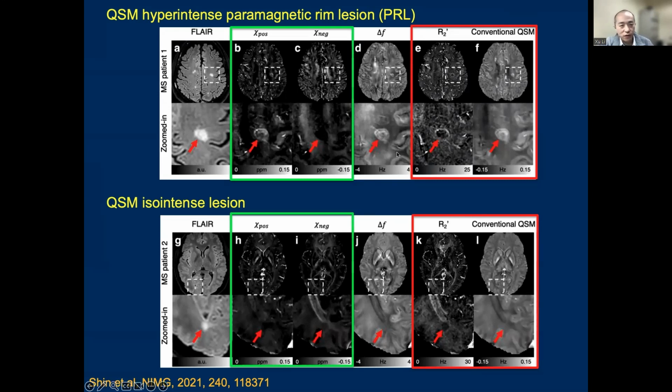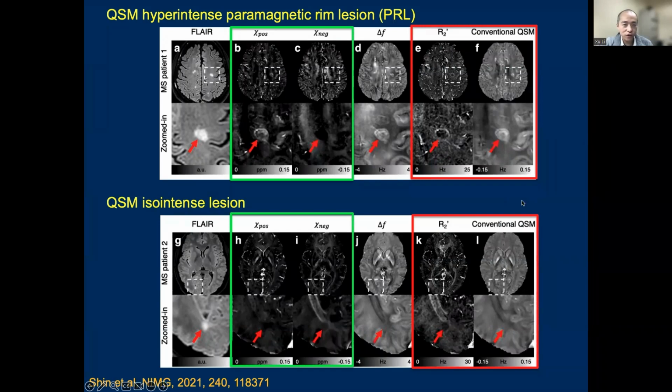In the paramagnetic rim lesion, we do see increased positive susceptibility and decreased negative susceptibility, indicating iron deposition and demyelination. But for the QSM iso-intense lesions, they have shown that we do see a decrease in both iron and myelin content, which agrees with our previous hypothesis.